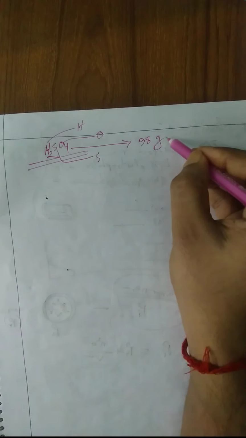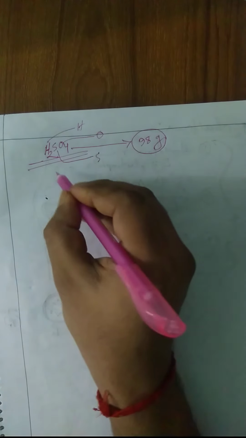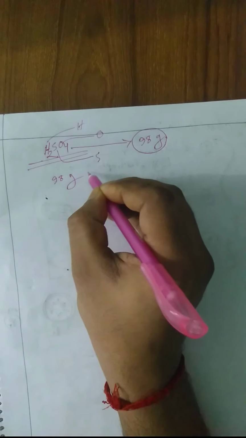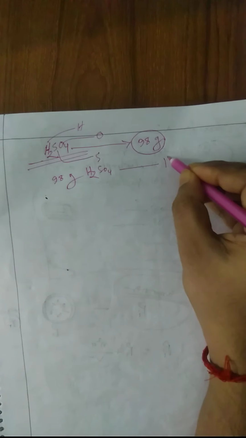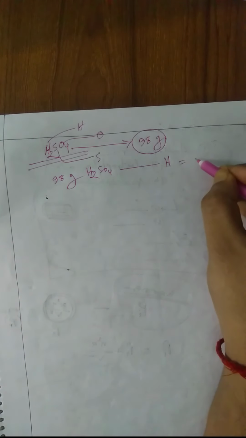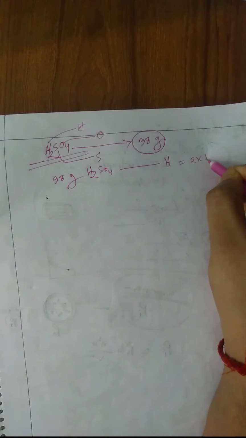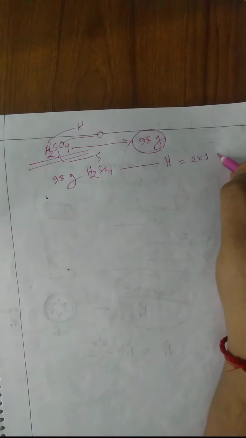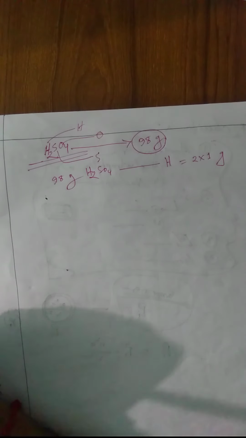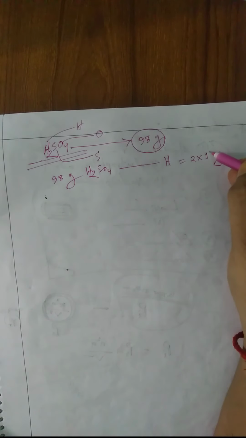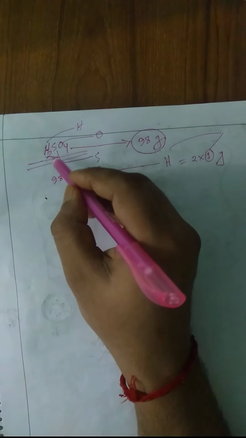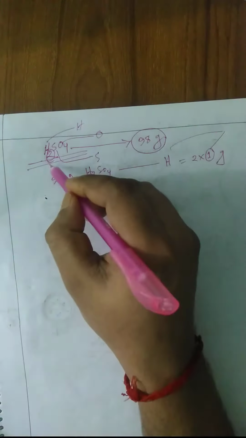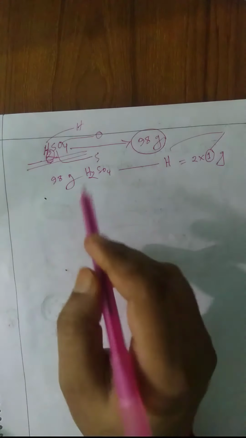So in 98 gram sulfuric acid, the amount of H is equal to 2 multiplied by 1 gram. Why? 1 is the atomic mass of hydrogen, which is multiplied by 2, the number of hydrogen atoms.